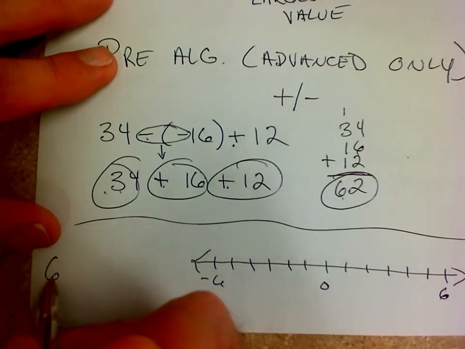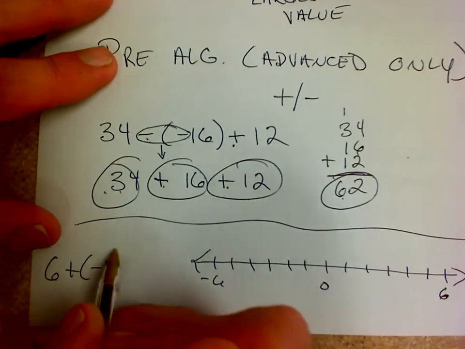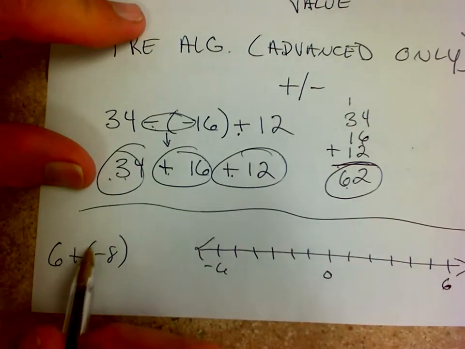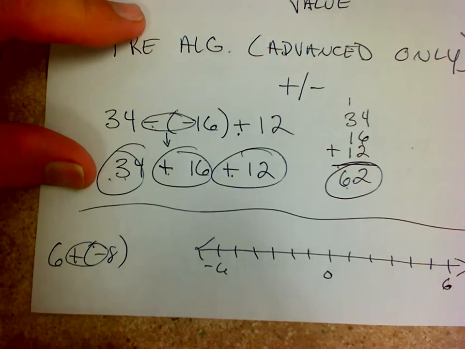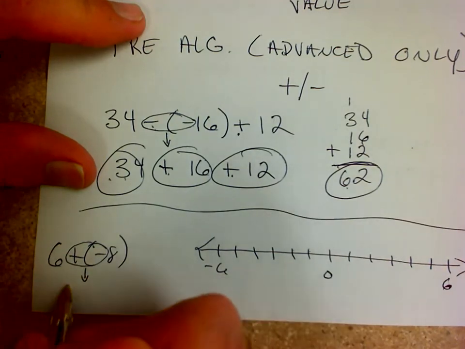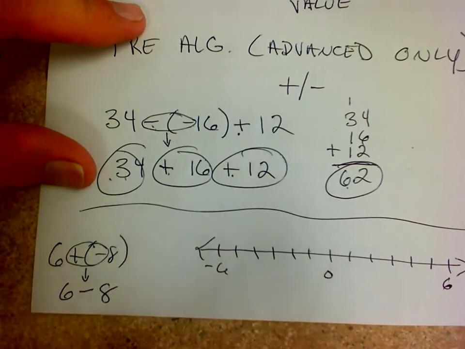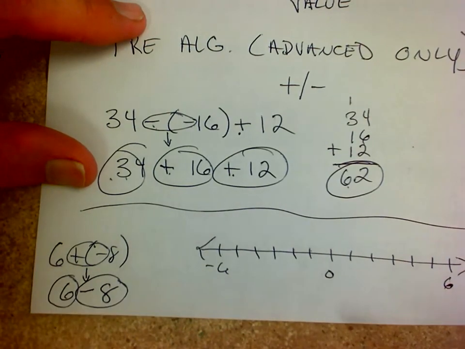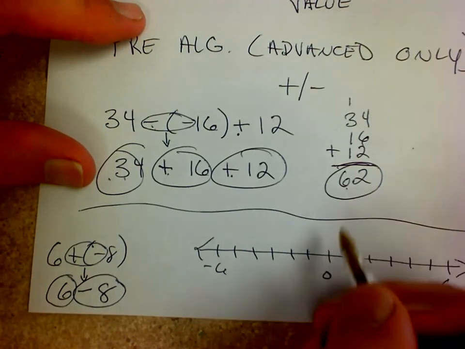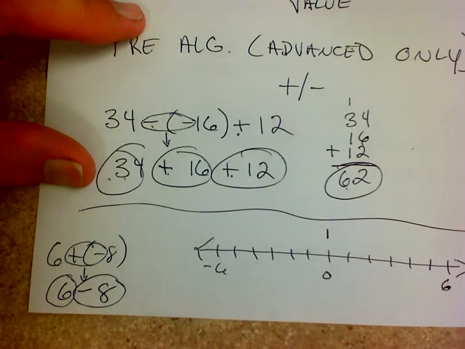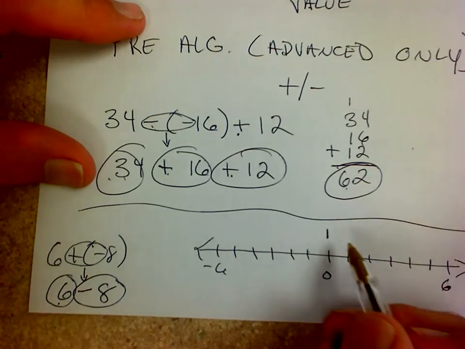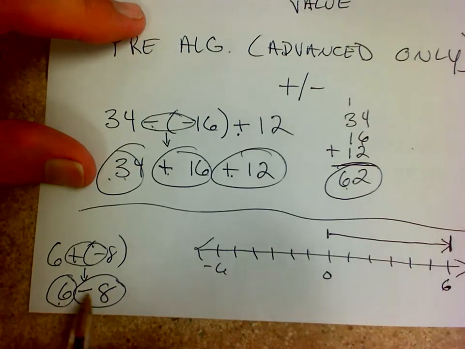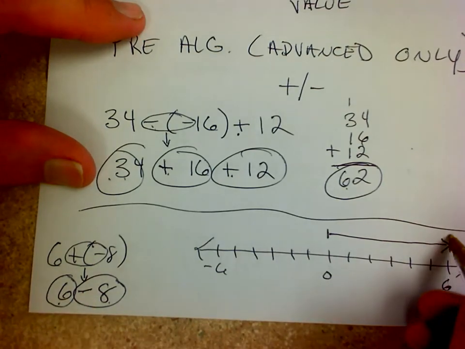So let's say we have 6 plus negative 8. Again, we have that double sign right there, so we can rewrite that as 6 minus 8. So if we start at our origin, right 6, left 8.